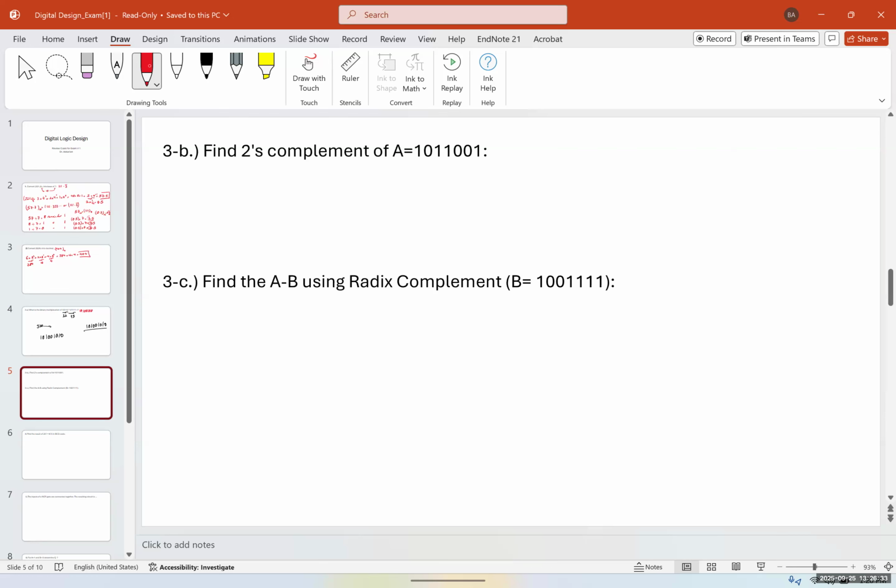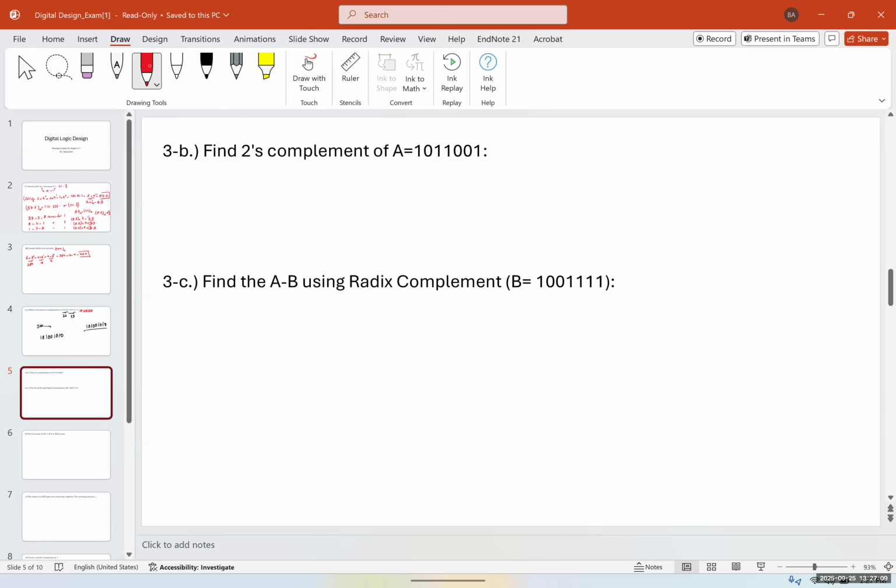Now, the next one, we want to find the 2's complement of A equal to 1 0 1 1 0 0 1. What is the answer?